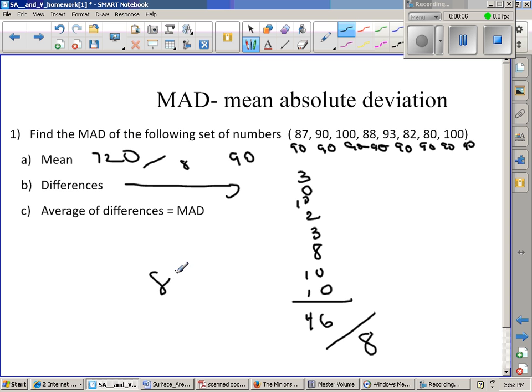And 8 into 46 goes 5 times, so that's 40. So my answer is 5 and 6/8, or 5 and 3/4. So that's my mean absolute deviation. Hope this helped you.